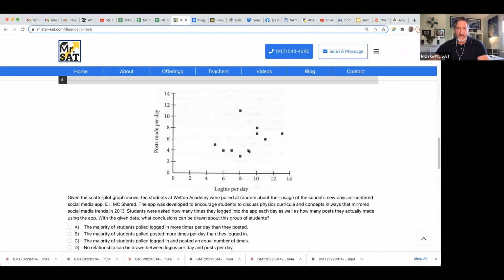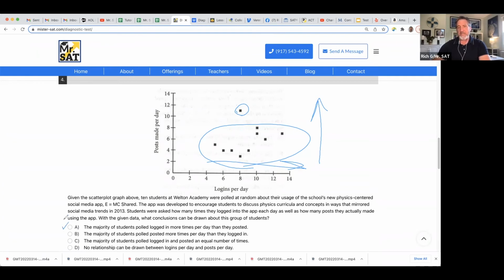This one went about 9 and 4, logging in more than posts. How about this one? 11 and 6. Yes, all of these, except for this outlier, this crazy poster right here, right? But most of these logged in much more than they post. A already holds true. I'm going to check it.